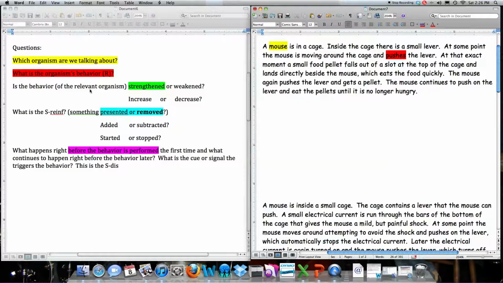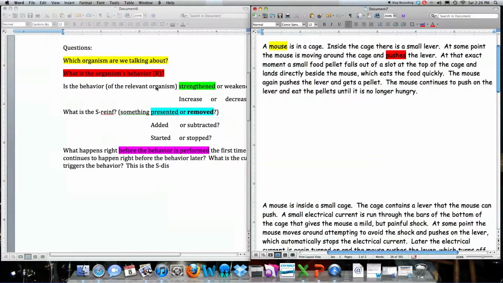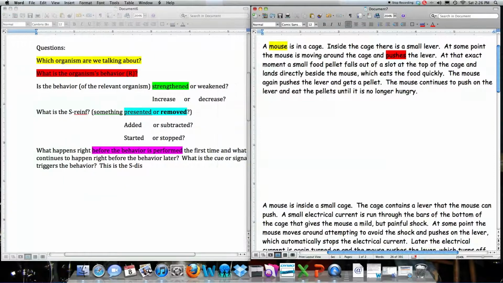Now we want to know, is this behavior strengthened? Remember, we're talking about reinforcement. That means the behavior will become more frequent. The behavior will be strengthened. Let's look. What do you think?